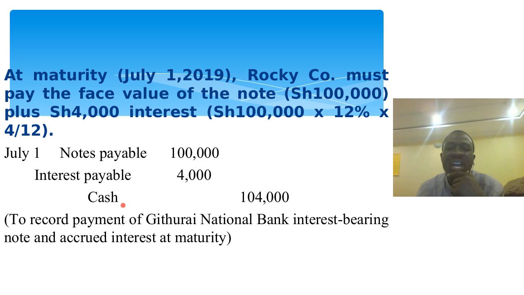Cash has a debit normal balance, so any decrease is credited. And that is to record the payment to Githurai National Bank. So that is how we deal with interest-bearing notes. I hope we are together.